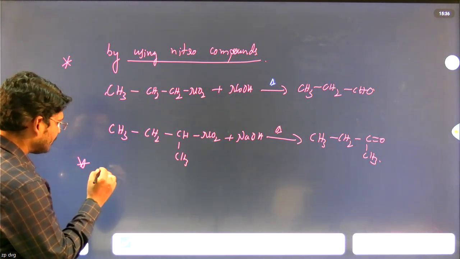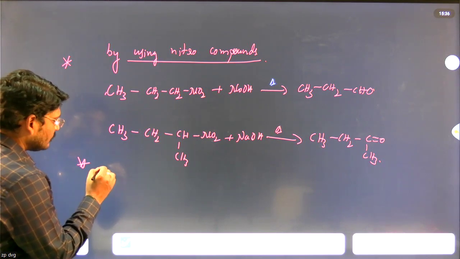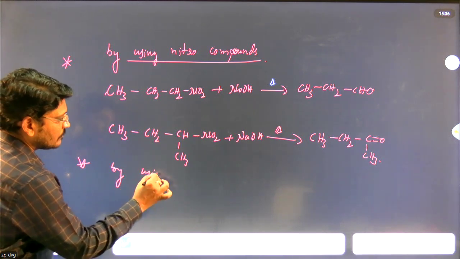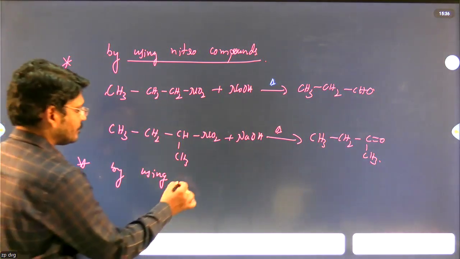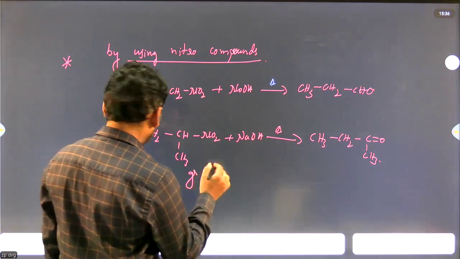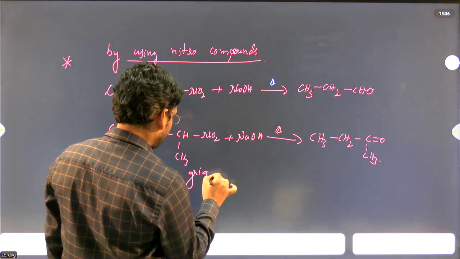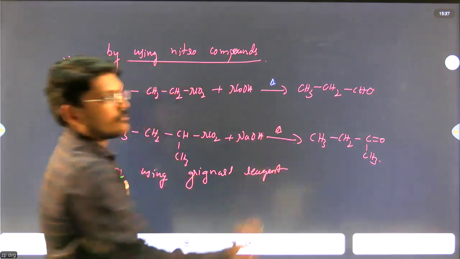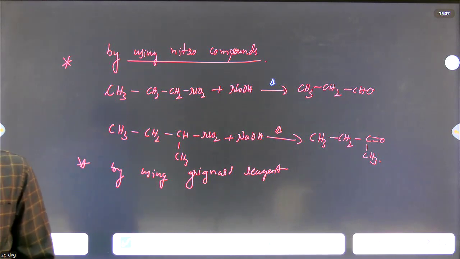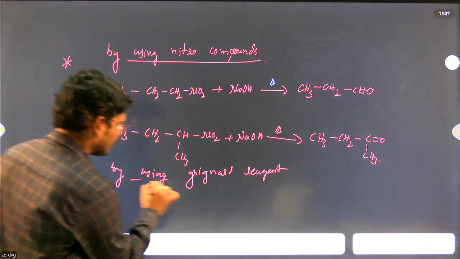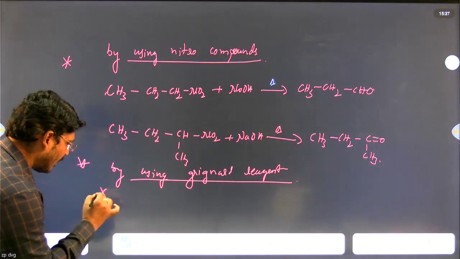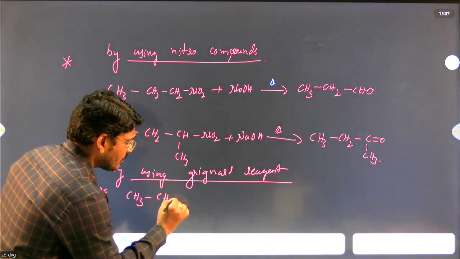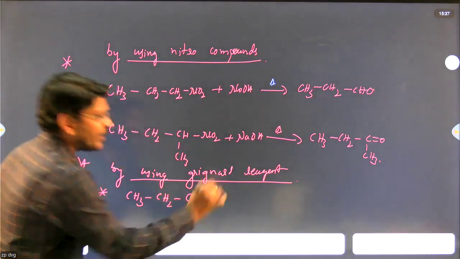Next, one more method, by using a Grignard reagent, we can also prepare. We can take one example, CH3, CH2, C triple bond N. We already know that this is a nitrile.